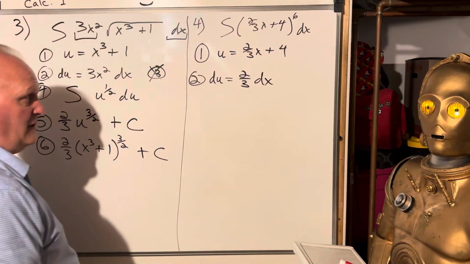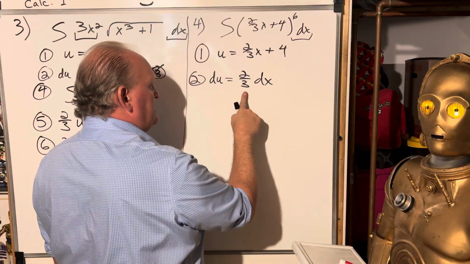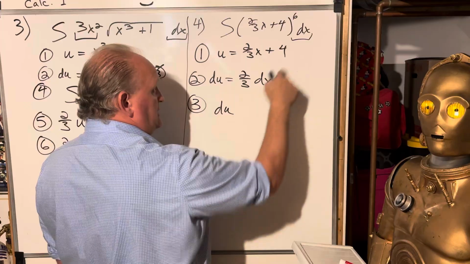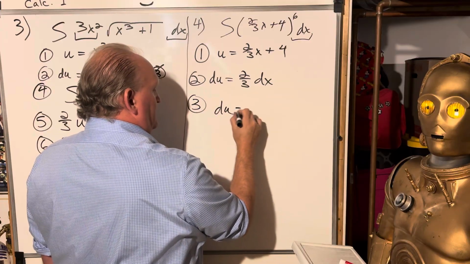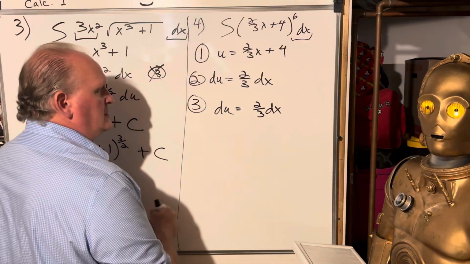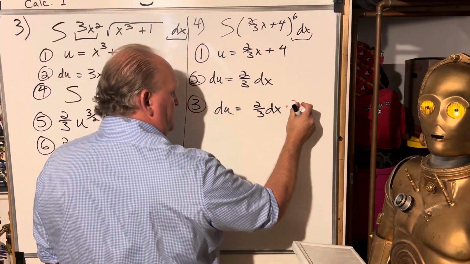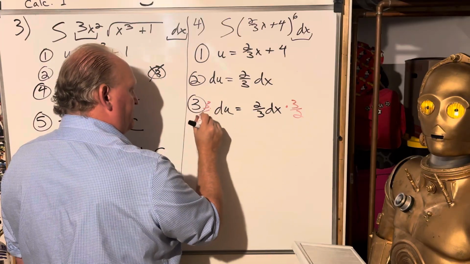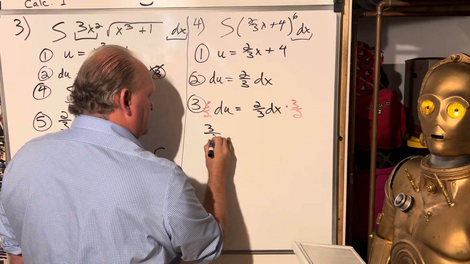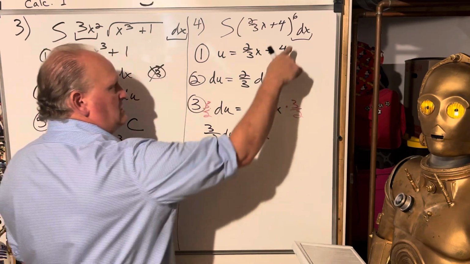Problem. We have a dx, but we have a 1 dx. We don't have a 2/3 dx. So this requires a step 3 where I solve for dx. And so you're going to have to go into your sweet algebra skills, solving, multiply by the reciprocal, 3 halves. So 3 halves du is equal to dx.